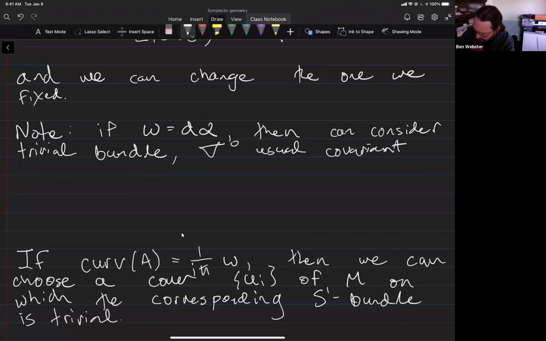I had to make it clear that I was talking about the trivial bundle before it made sense to say the usual covariant derivative. This is just the usual directional derivative of functions with respect to tangent vectors.